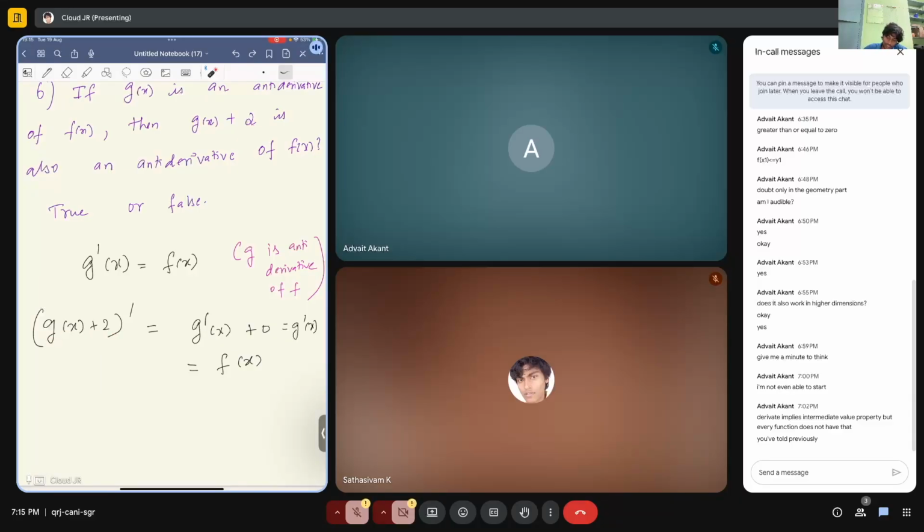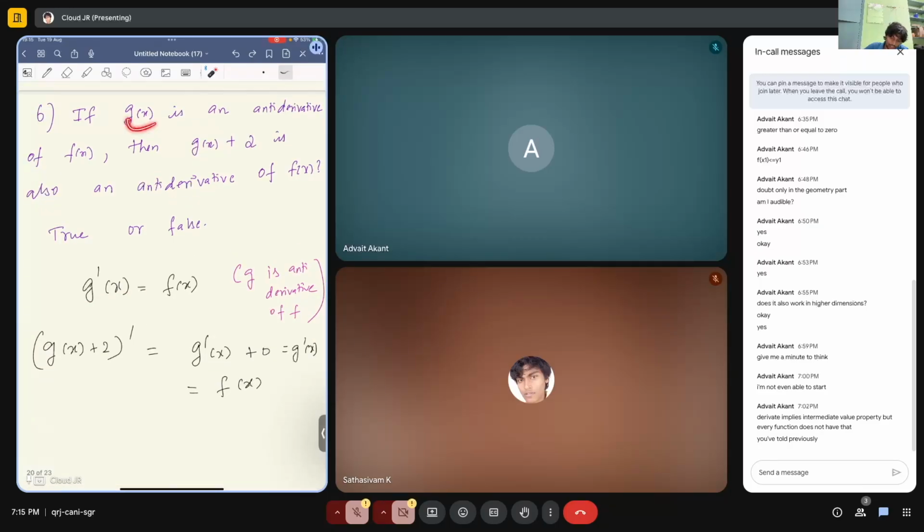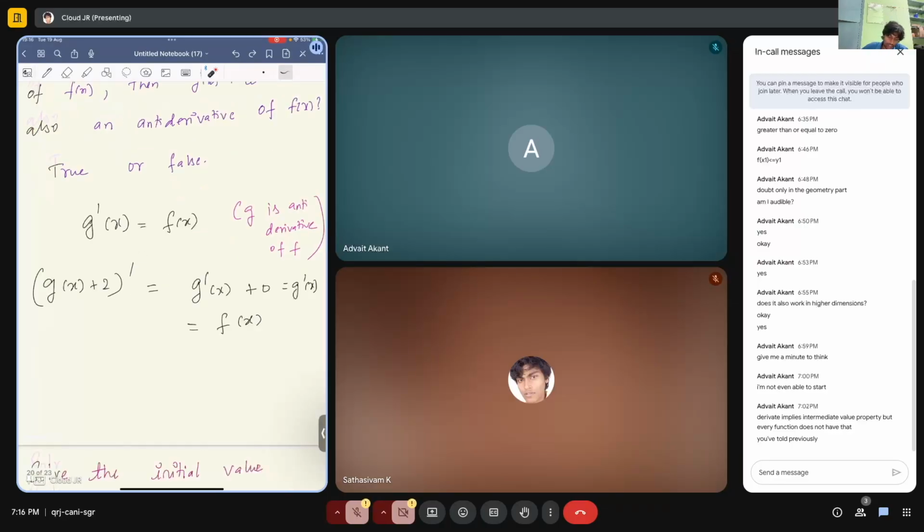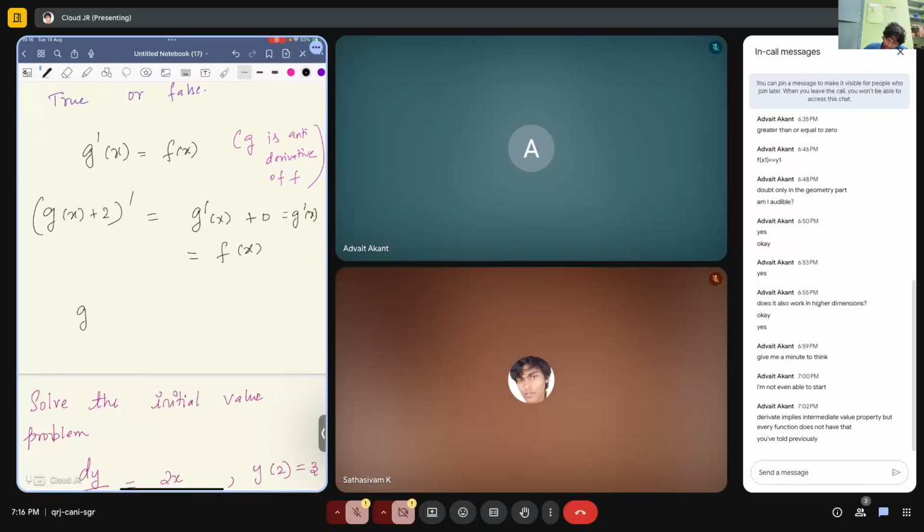So what we have seen is that if g is an antiderivative, then g plus a for any constant a is also an antiderivative. Now one can ask the converse question.